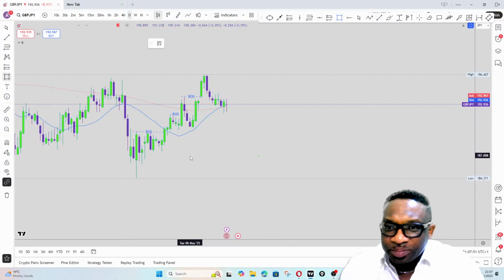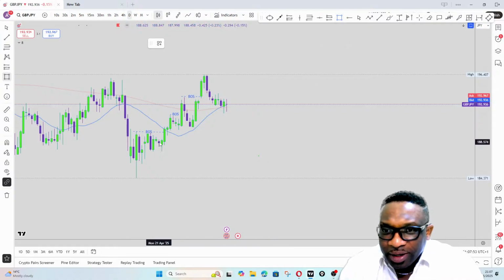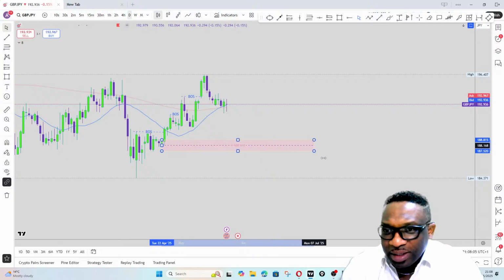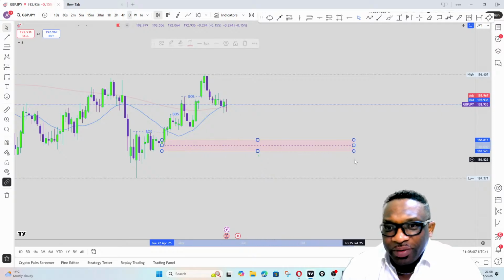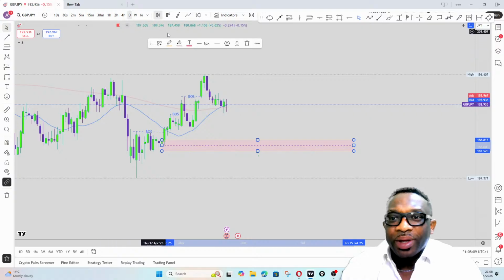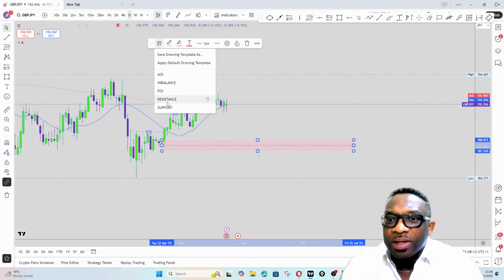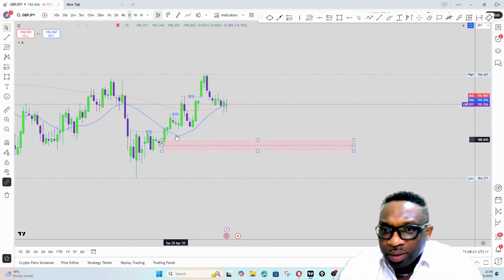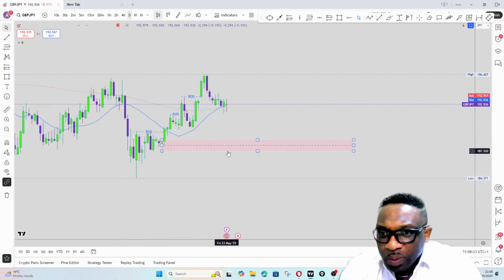With this breakup structure, it's originated from this candle. So I'll just pick the high of this candle here and the low of it to indicate the area we are referring to, or the demand area. Okay, so that's that one there.